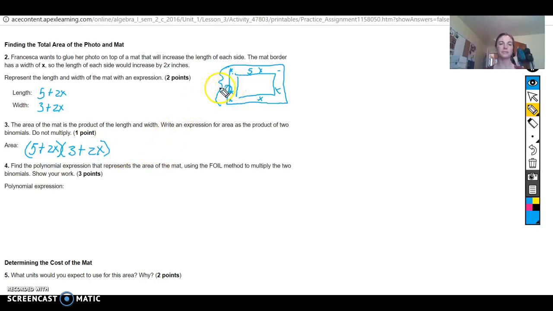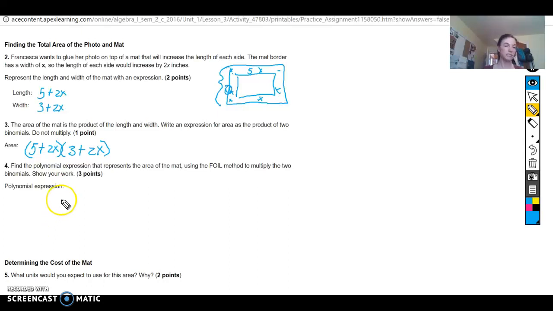Okay, so all I'm doing is multiplying length times width, just like you normally would do, but right now we don't know x, okay? So I can use the FOIL method. I could use the distributive property, but it does say here to use the FOIL method, so we will use that to come up with the polynomial expression that is the area of this mat.